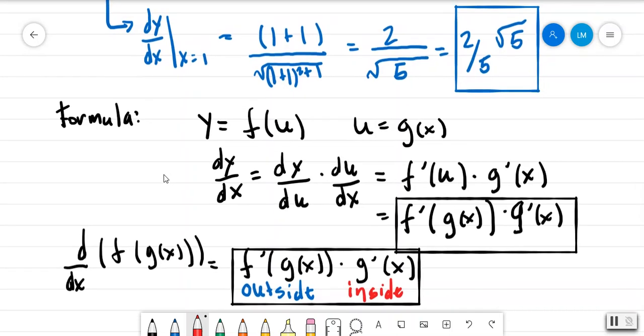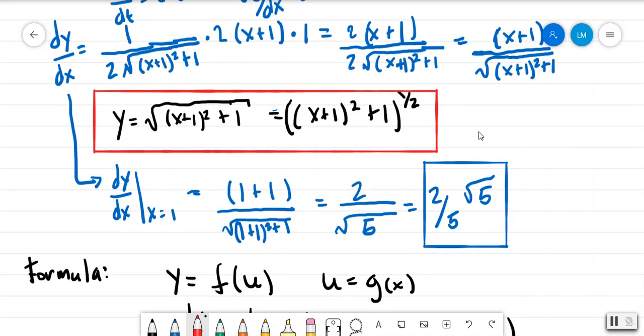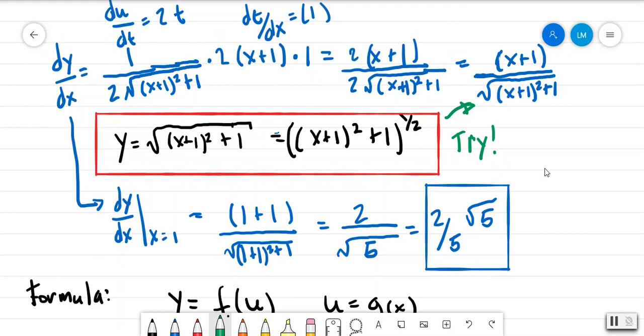It's always the outermost parentheses, which means that you should be able to figure out what the derivative of this is. So try to do this derivative and see that you get the exact same thing right here, where you get x plus 1 divided by root of x plus 1 squared plus 1.